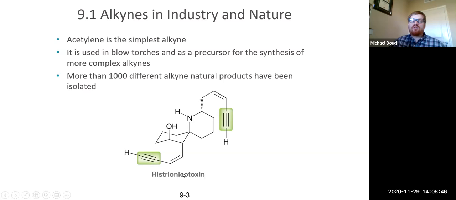This is histrionicotoxin, a type of poison that's found in a certain species of frog in South America, just one of about 1,000 alkyne products. So they do exist in nature, and they can be synthesized by living enzymes, for example, but they're much, much rarer compared to alkenes.